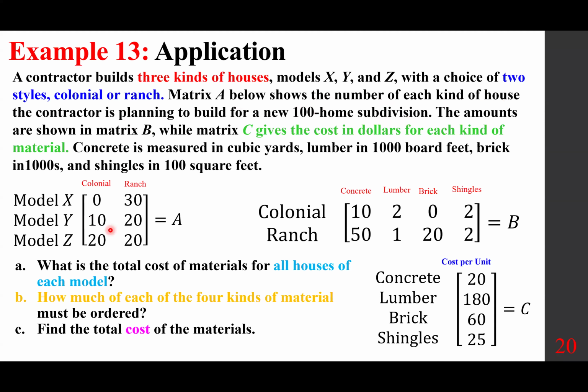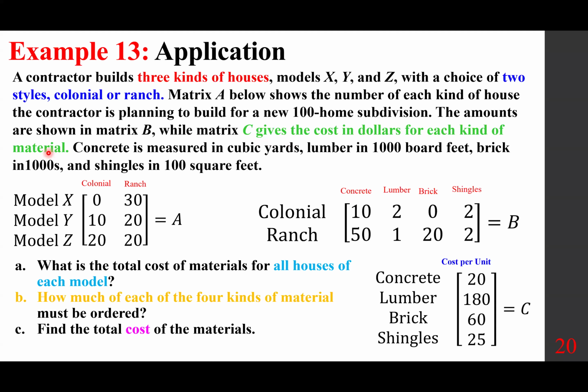If you add those numbers, 10 and 20, 30 and 30, 60 and 40, we are making a 400 home subdivision. There are a total of 100. The amounts are shown in matrix B, while matrix C gives the cost in dollars for each kind of material.